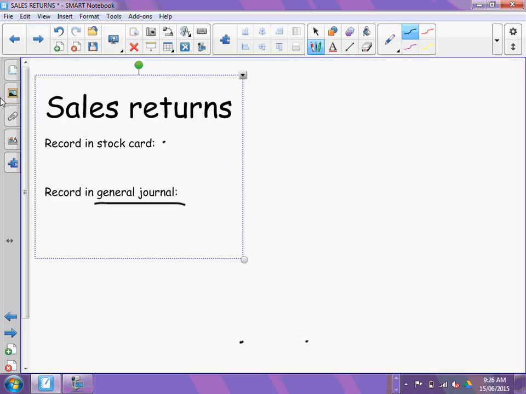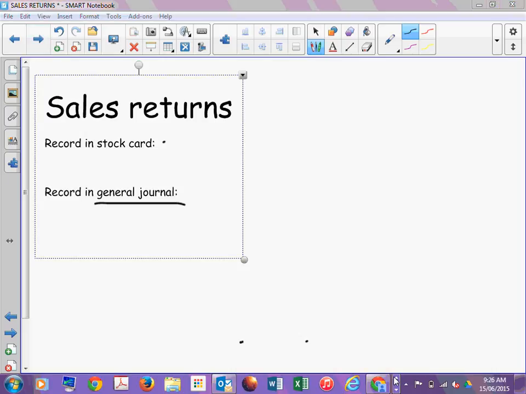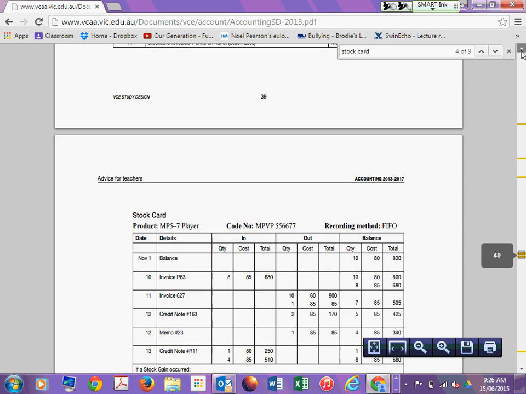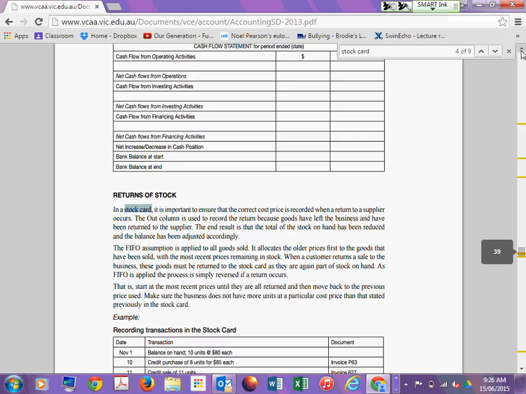just going to show you something from the study design. So this is from the study design, and it says, the FIFO assumption is applied to all goods sold. It allocates the older prices first to the goods that have been sold, with the most recent prices remaining in stock.